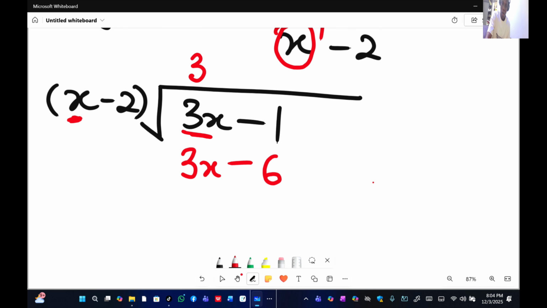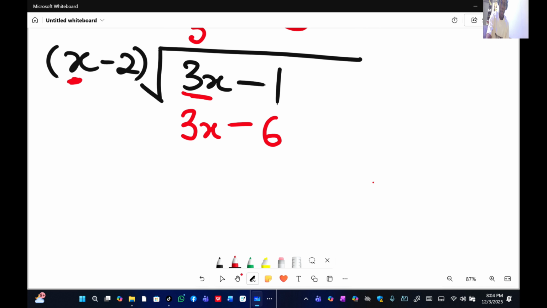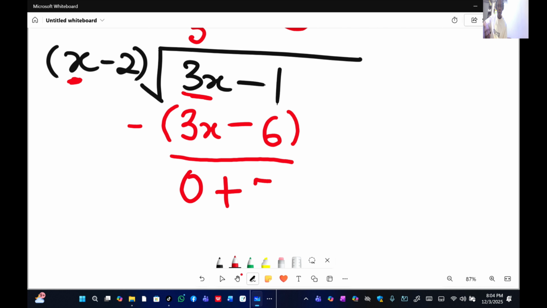Then you underline nicely. So we are going to subtract this to get a remainder. So we subtract this from the first expression. 3x minus 3x will give us 0. Then negative 1 minus negative 6 becomes negative 1 plus 6, so we are going to get positive 5.